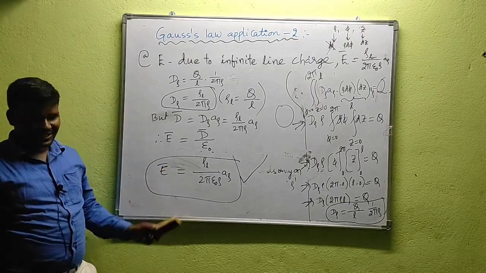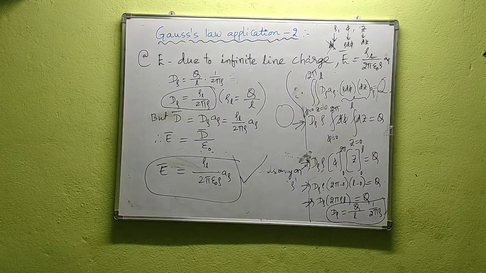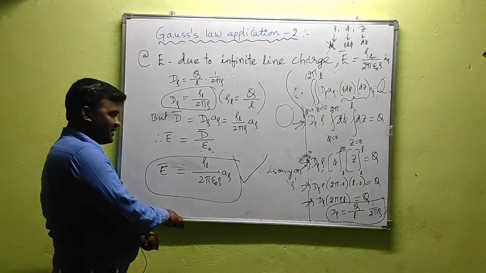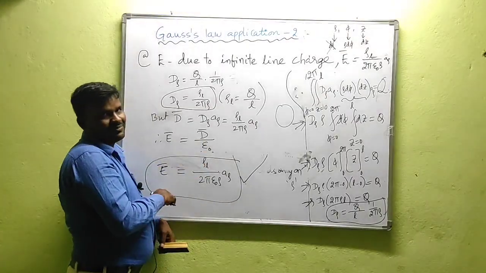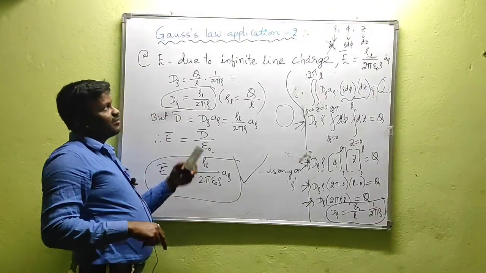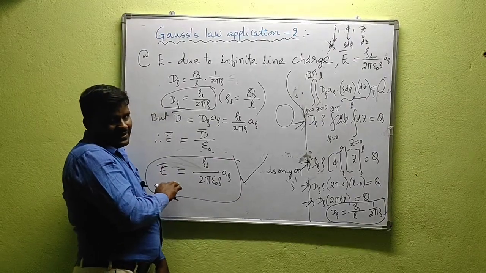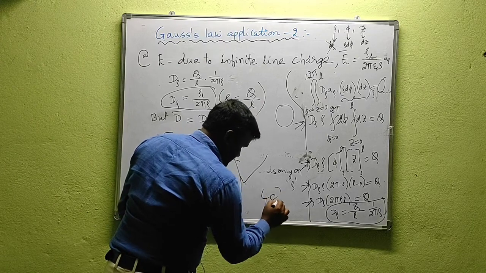It takes around 12 minutes to derive the electric field intensity due to an infinite line charge this way. But in the previous lecture, using Coulomb's law without Gauss law, I took around 48 minutes.